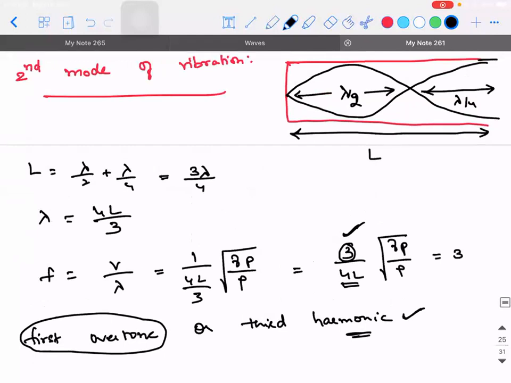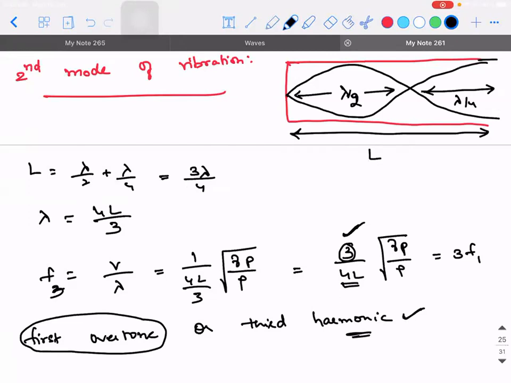So this is nothing but 3 times the fundamental frequency. This is what I call F2. Actually, we can call it F3.